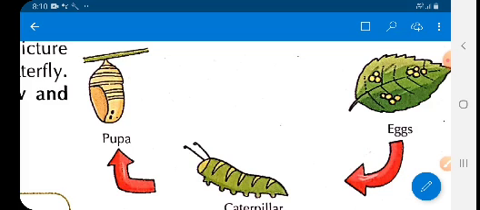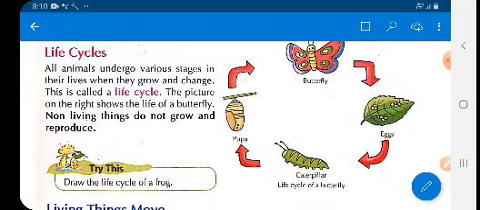So this is the whole life cycle of a butterfly. Children, we discussed the life cycle of the butterfly. So life cycle is something in which these animals undergo various stages in their life, and at each stage they do not resemble each other.